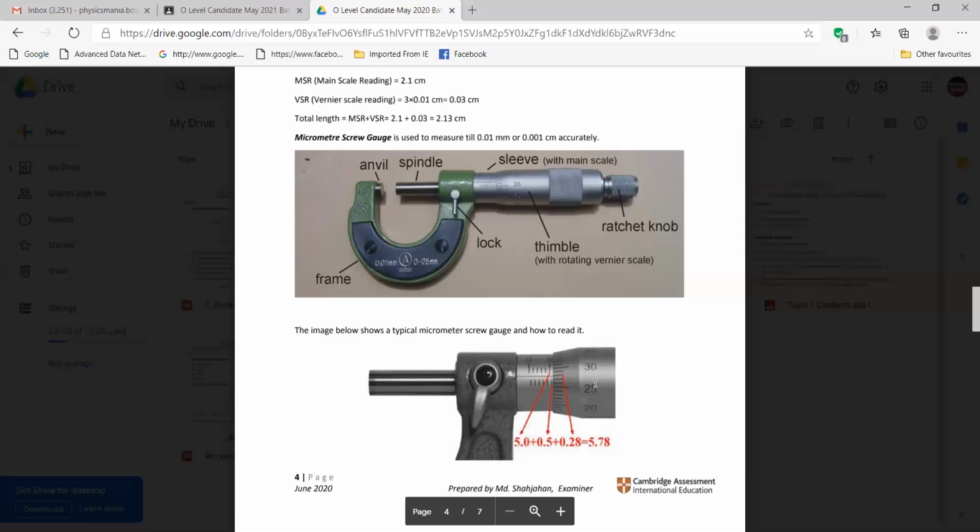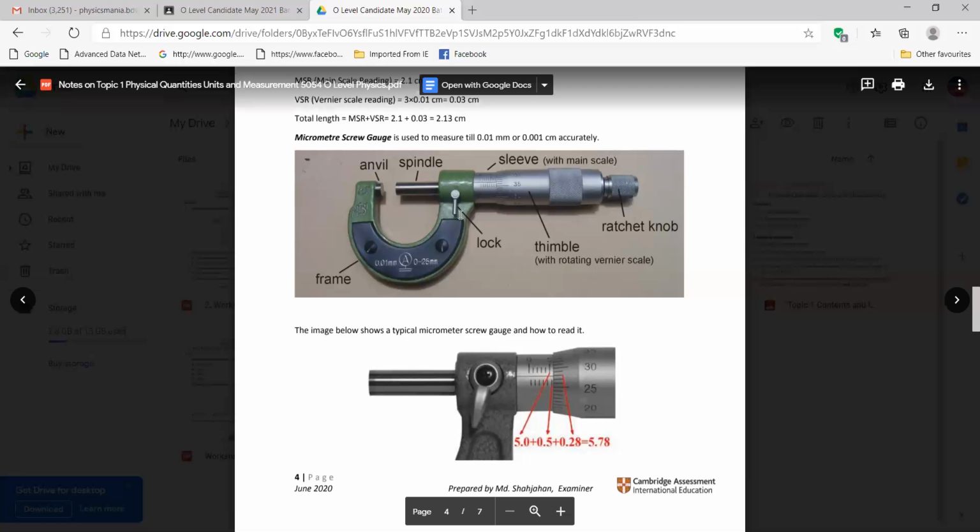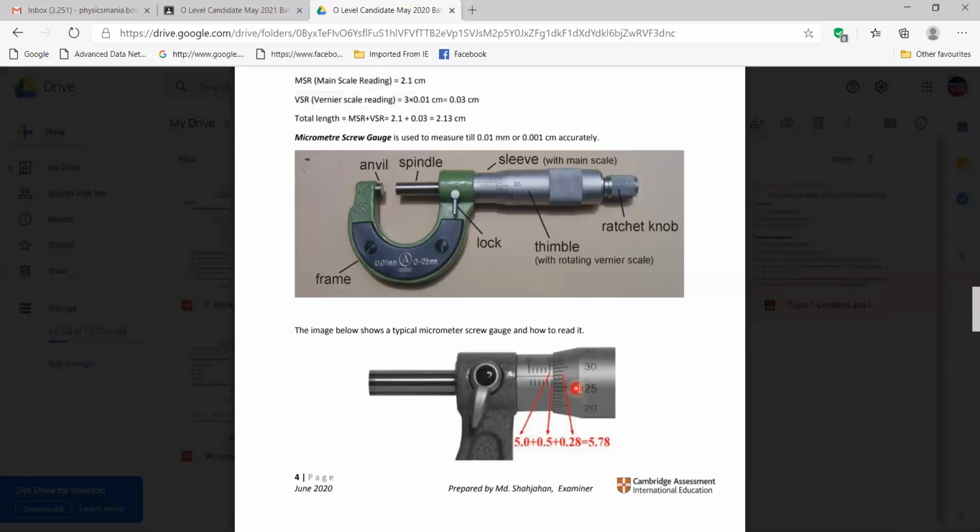Now this one is called circular scale reading, CSR. And you see this line is matching with the circular scale line at 28. Here is 25. Then I'm using the torch. It will be easier for you to understand. Here you see it is 25, right? Yes sir. So after 25, 26, 27, then 28 is matching with this line.